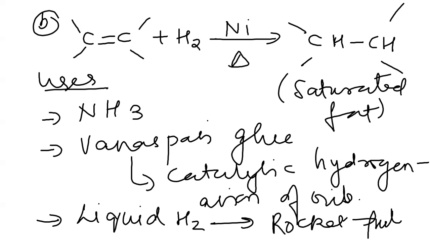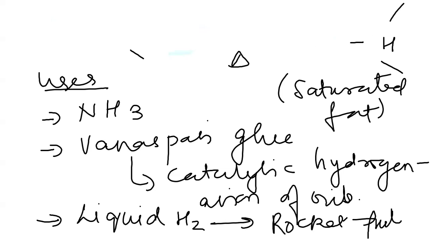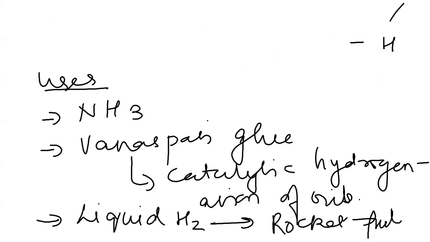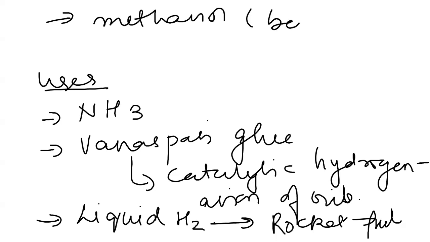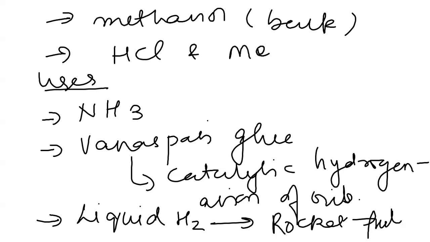It is also very useful to prepare methanol in bulk, huge quantity. It is used in the preparation of methanol. And along with that, it is used in the preparation of HCl and metal hydrides. Got it?